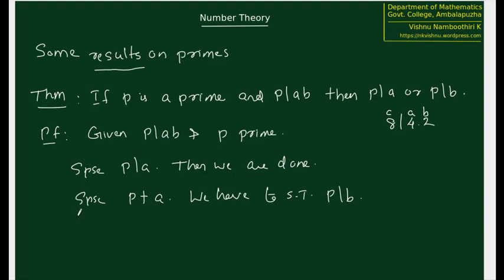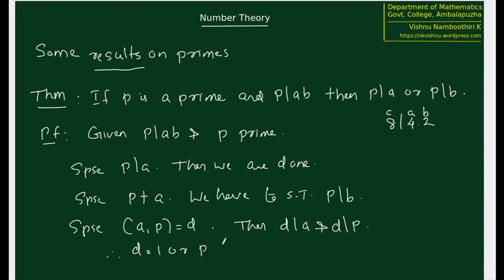P does not divide A. So what can we say about the GCD of A and P? Suppose the GCD of A and P is D, some positive integer. Then being the GCD, D is a common divisor of A and P. D divides A and D divides P. But what are the only divisors of prime P? P has only two divisors, 1 and P itself.